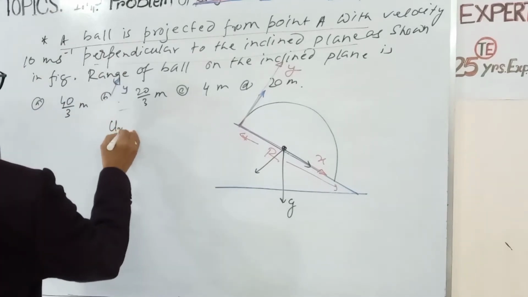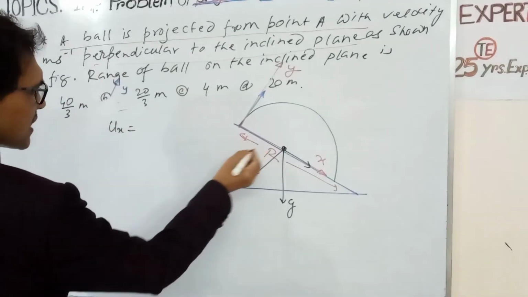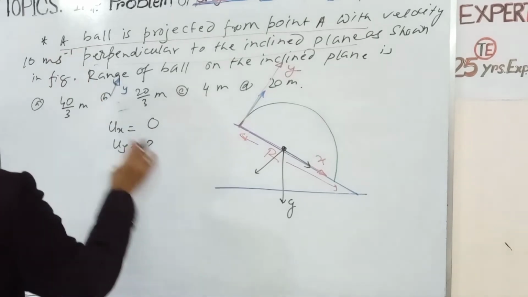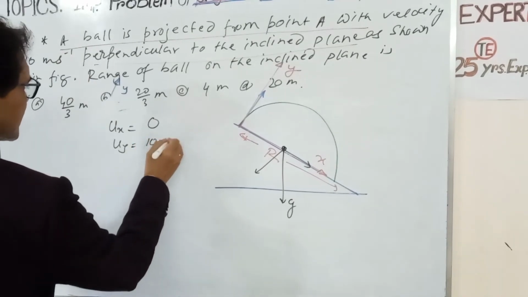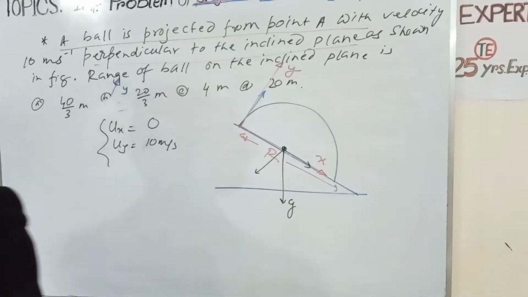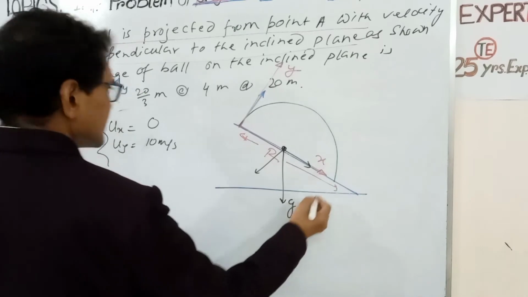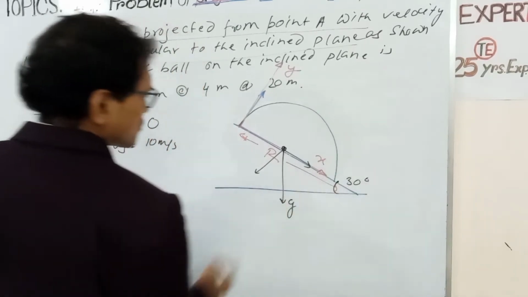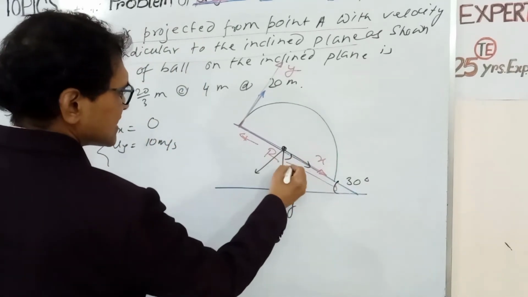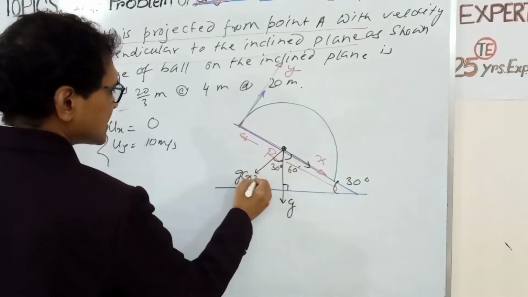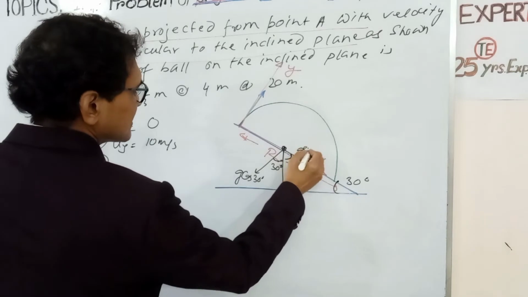So initial velocity along x direction is 0. Initial velocity along y direction is 10 meter per second, given. This is the velocity components, and for the acceleration components, this angle is 30 degree, so 90 degree, this is 60 degree, so this angle is 30 degree. So this component is g cos 30 degree, and this is g sin 30 degree.